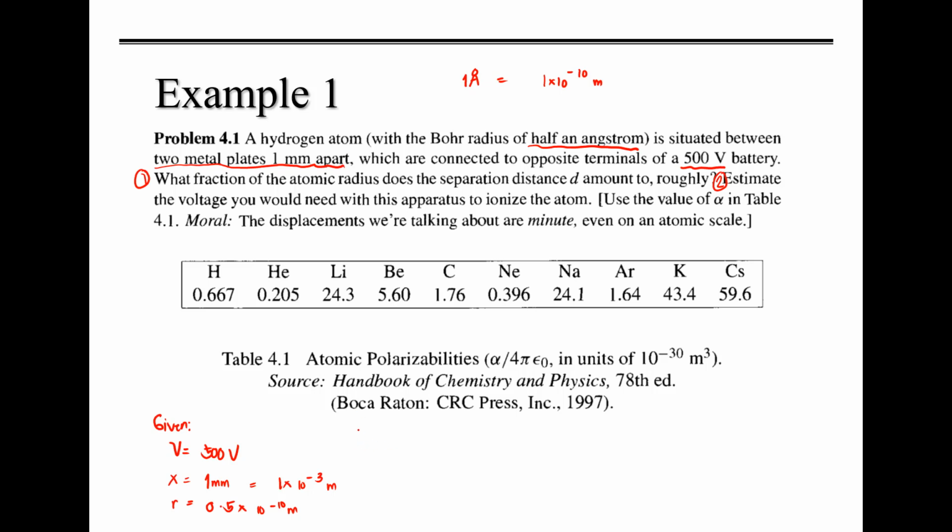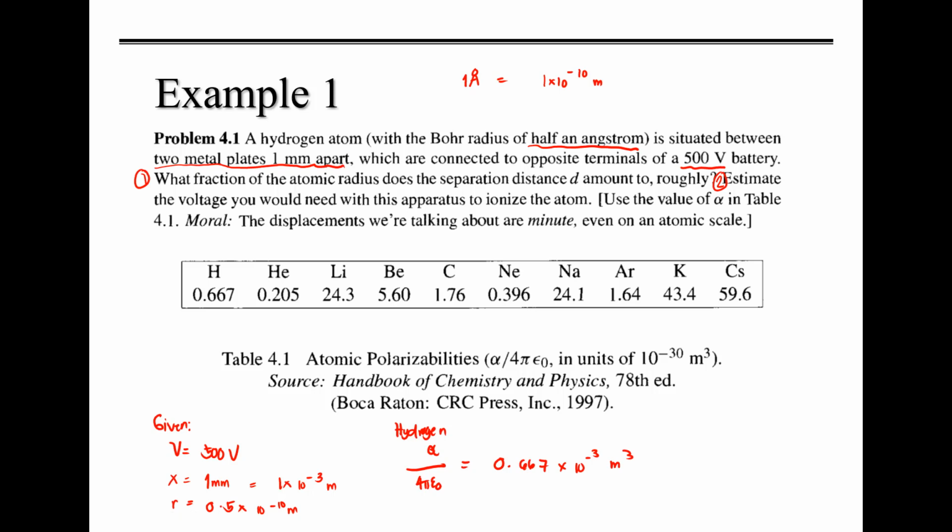Now, take note also that given in this table is alpha over 4 pi epsilon naught. And for hydrogen, alpha over 4 pi epsilon naught is equal to 0.667 times 10 to the minus 30 meter cubed. So, first we need to find the electric field.